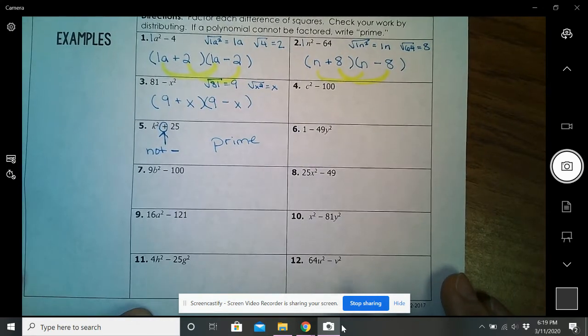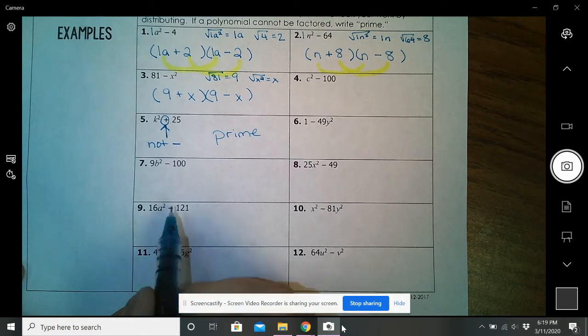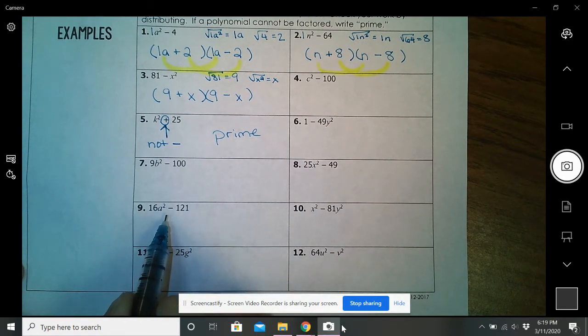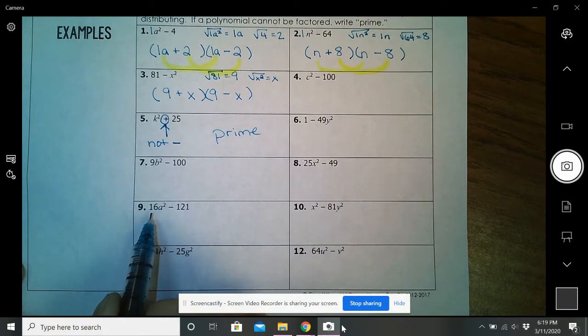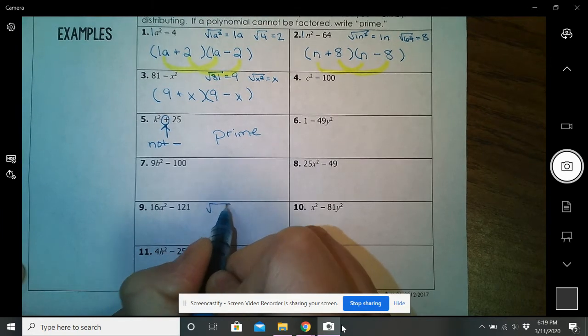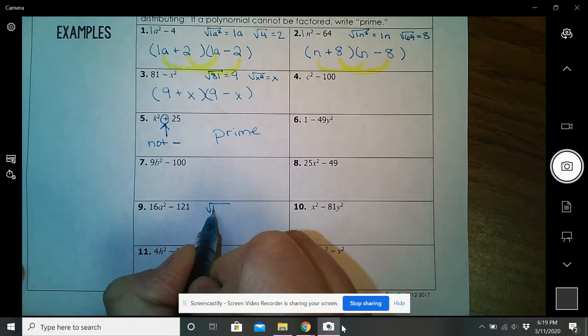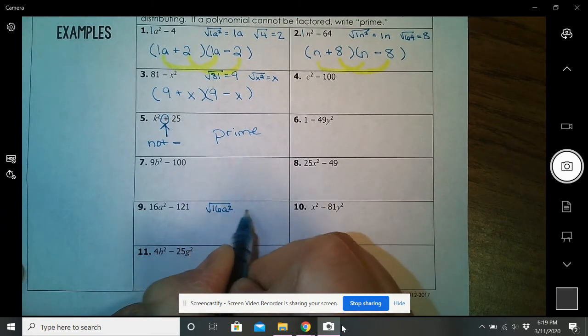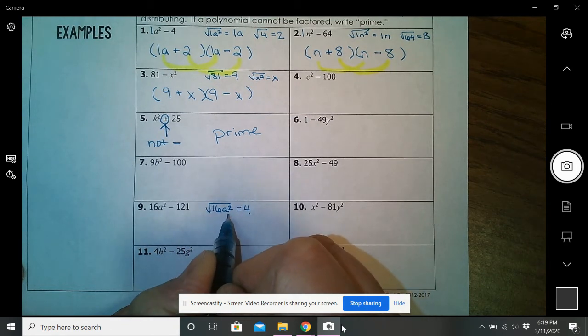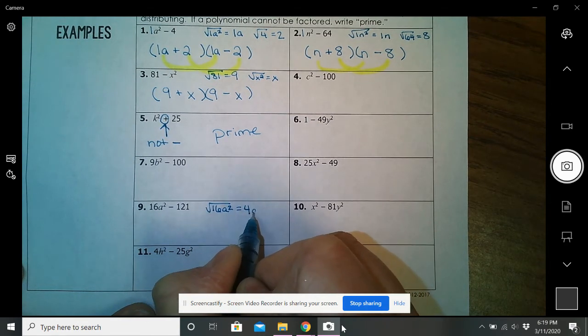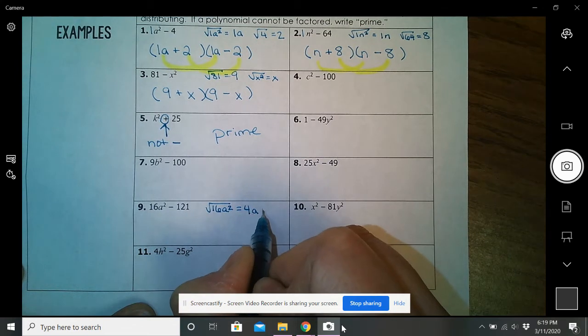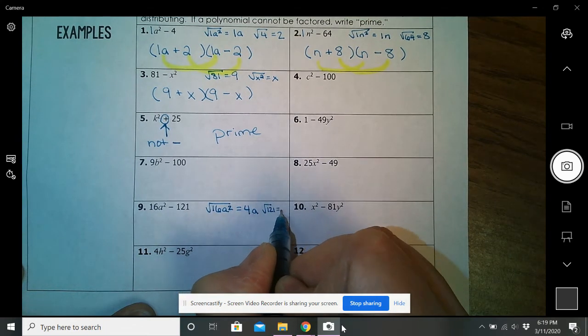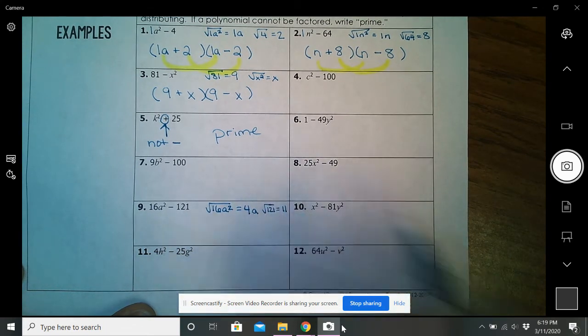Let's try something with some bigger values here. Check out number 9. It does have a minus sign in it. That's good. And then let's see if these two terms can have a square root. The square root of 16 is 4. The square root of a squared would just be a. And the square root of 121 is 11. So this does qualify for the difference of squares pattern.